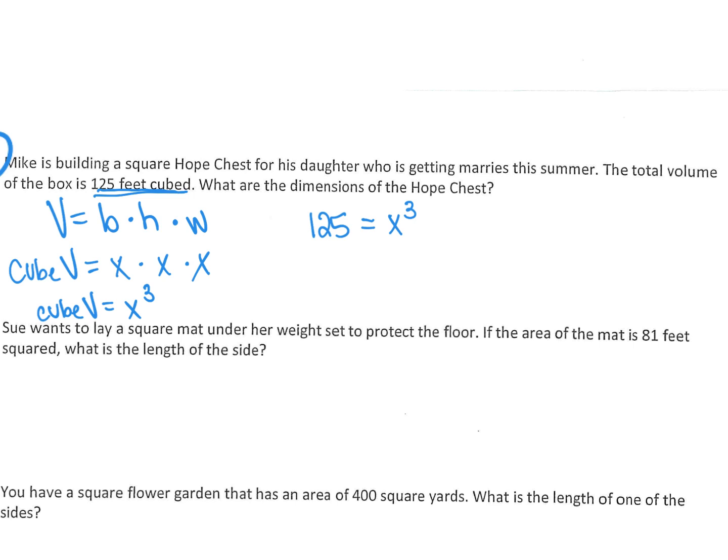So I'm going to take the cube root to undo that. Let me do it actually on another one. So let's rewrite this. The cube root of 125 equals the cube root of x to the third power. This just canceled out our third power, and now we have the cube root of 125 equals x.